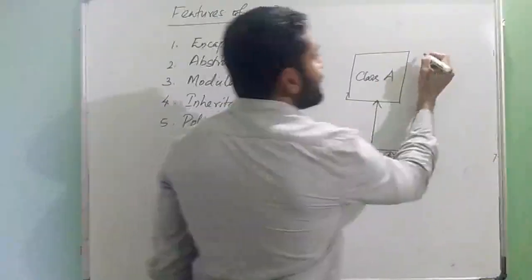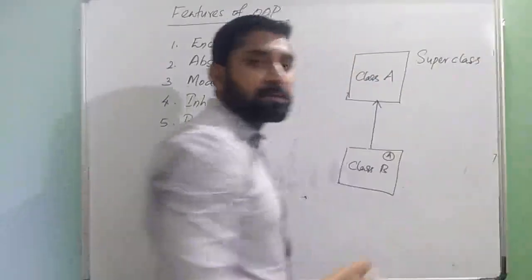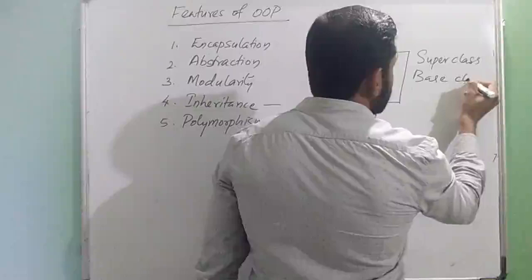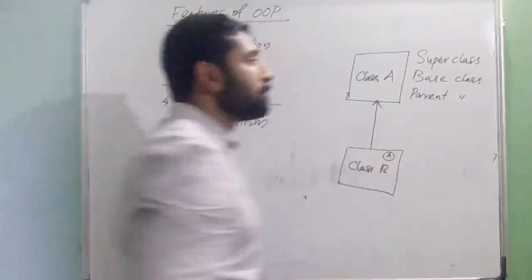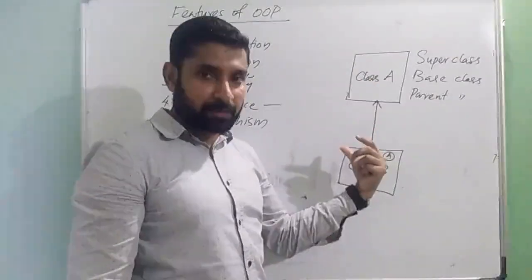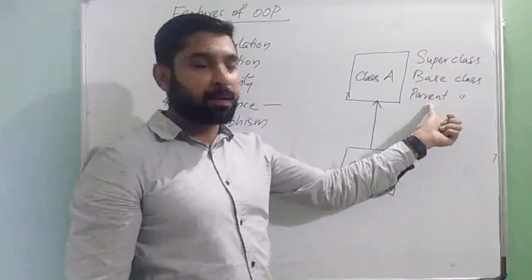Here class A is called superclass, or base class, or parent class. The class from which the properties are inherited to another class is called the superclass, base class, or parent class.